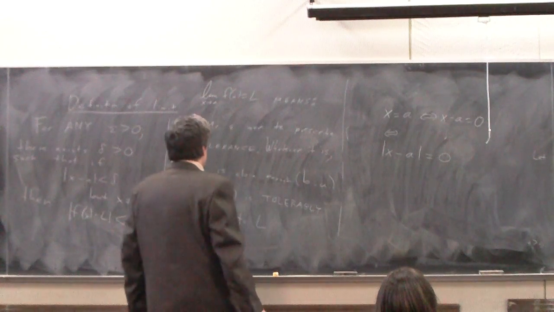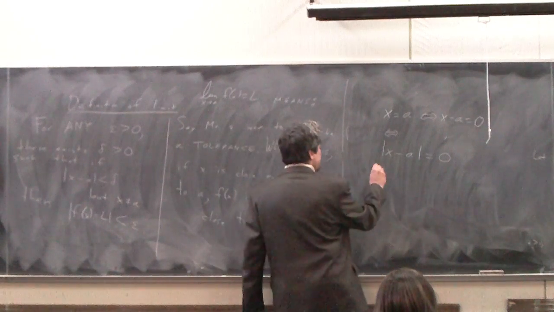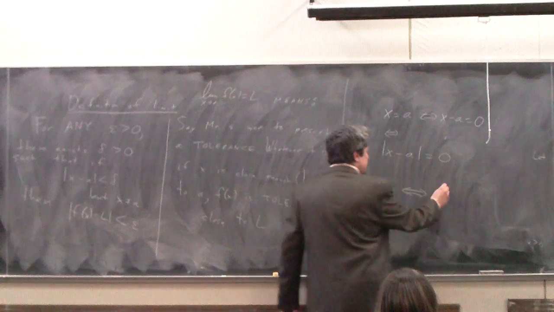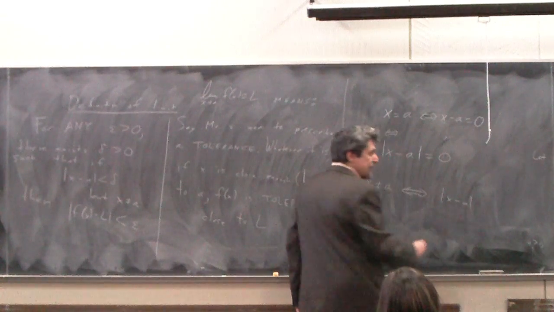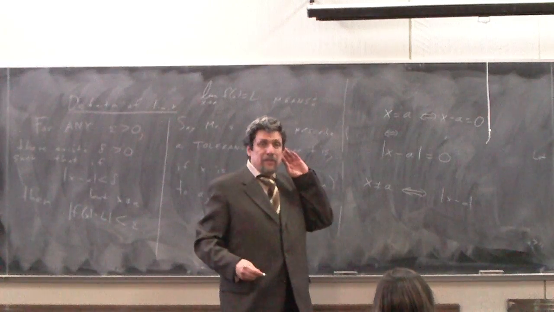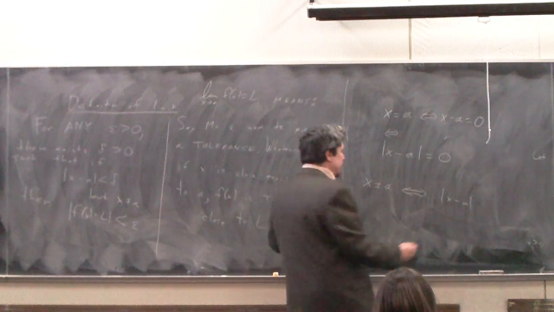So to say x is not equal to a is the same thing as saying that the absolute value of x minus a is not equal to 0, or actually greater than 0.